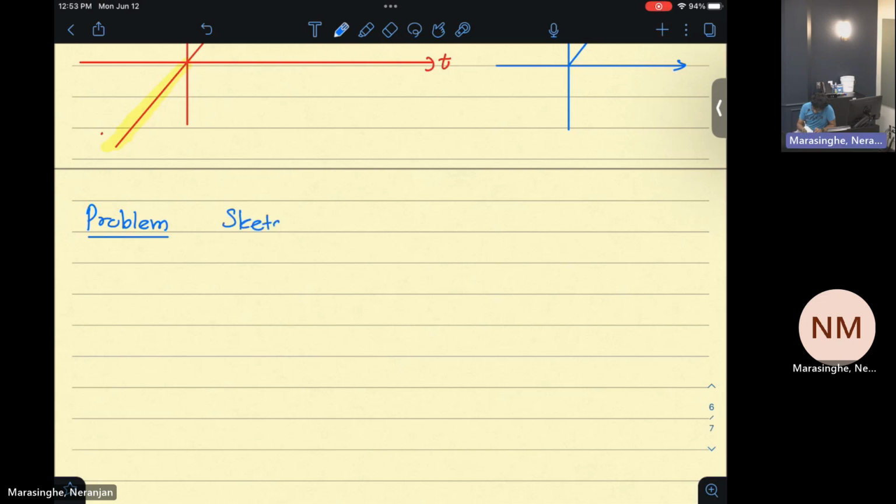the graph of h(t) equals u(t minus 3). Try to sketch u(t minus 3), right?